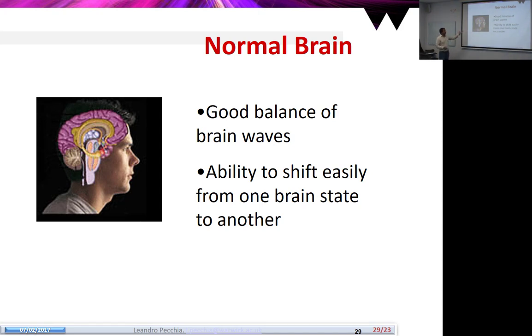It's the same for our brain, and this reflects our ability to shift easily from one brain state to another. Our evolution went in this direction. We evolved to be able to sit quiet and relax in our tent and then run away if a lion was entering. And those having this capability had more chance to survive. So our brain evolved in this direction.